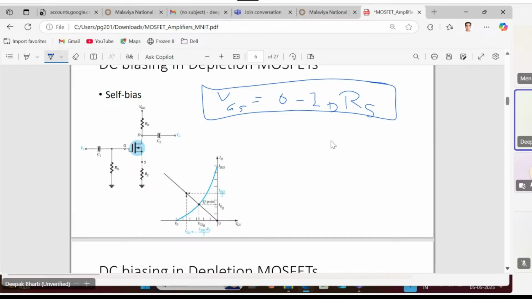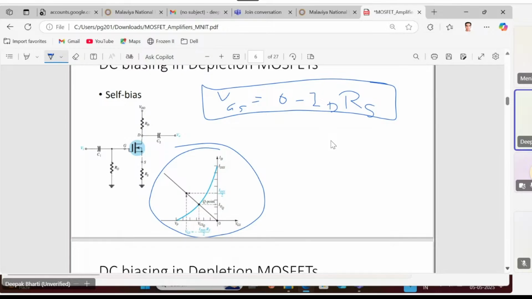Again in this graph, this light blue curve represents the transfer characteristics of the depletion MOSFET, whereas this black straight line represents the load line, VGS equal to minus IDRS.